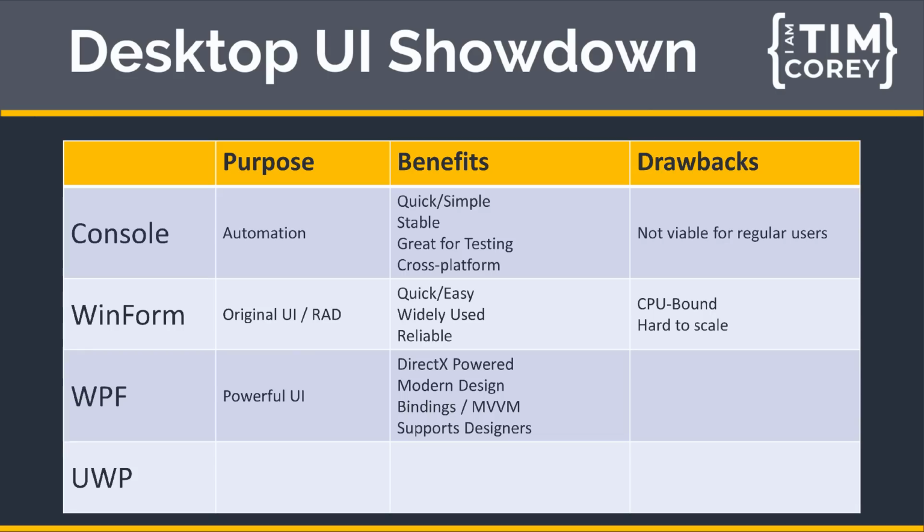WPF can do a lot more graphic intensive stuff, like you can make a button bounce around or pulse and grow and shrink. All that kind of stuff can work because you have access to those additional resources. With that came a modern design. WPF allows for a lot more things.